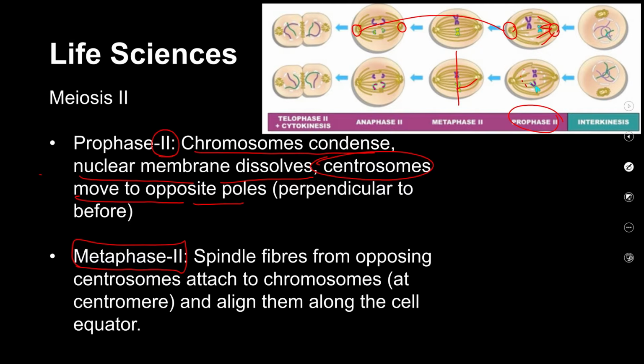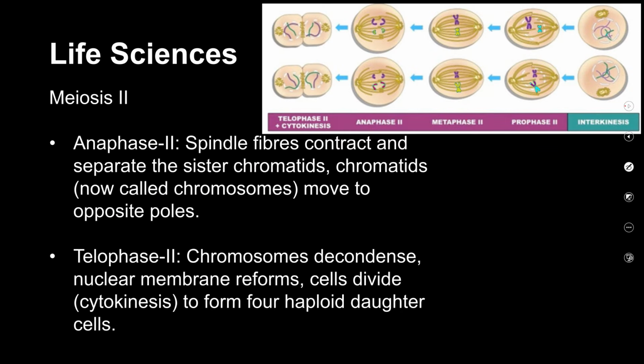As we move on, we find that it's important that we now see how anaphase 2 takes place. In anaphase 2, guys, let me just illustrate exactly what happens. This is when the centromere splits up, and we find that the chromatids are pulled to the opposite sides.